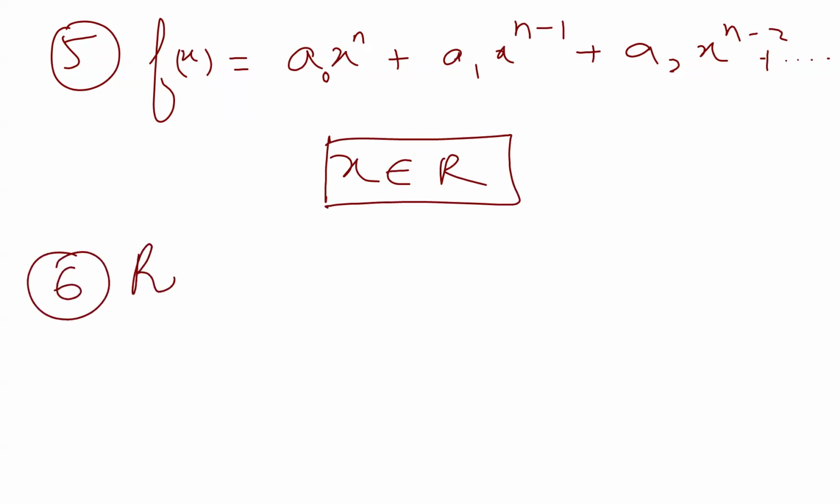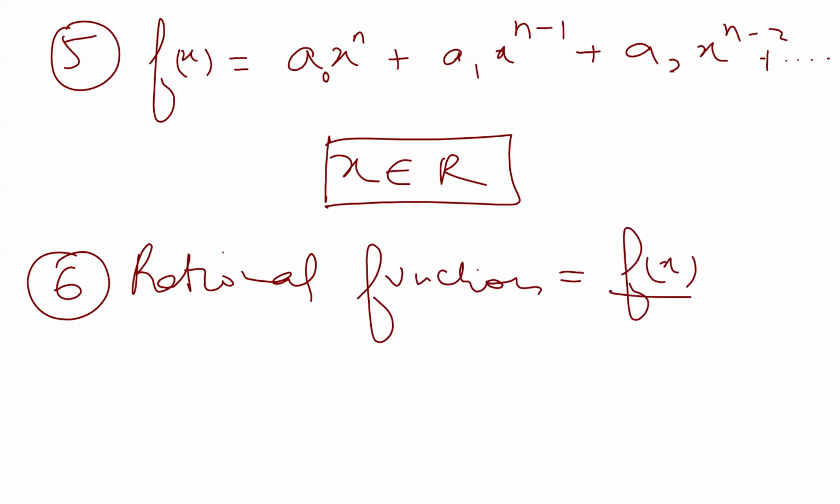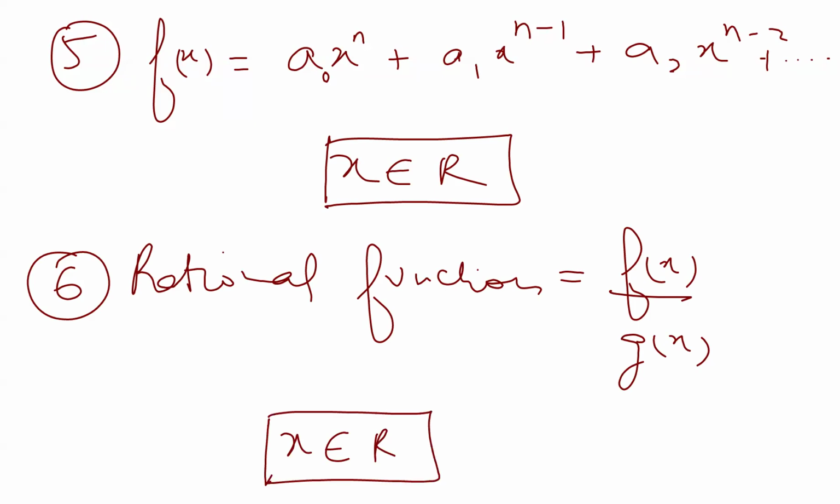Next one, rational function. A rational function is algebraic function upon algebraic function. So it is continuous at any value of x belonging to real values. It will be discontinuous only at certain places.